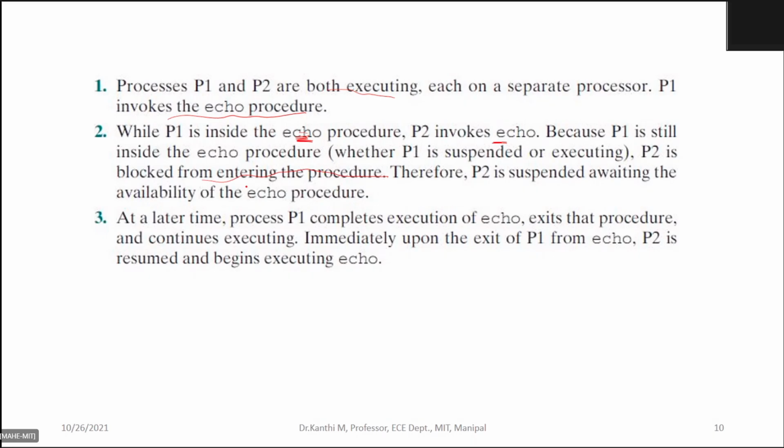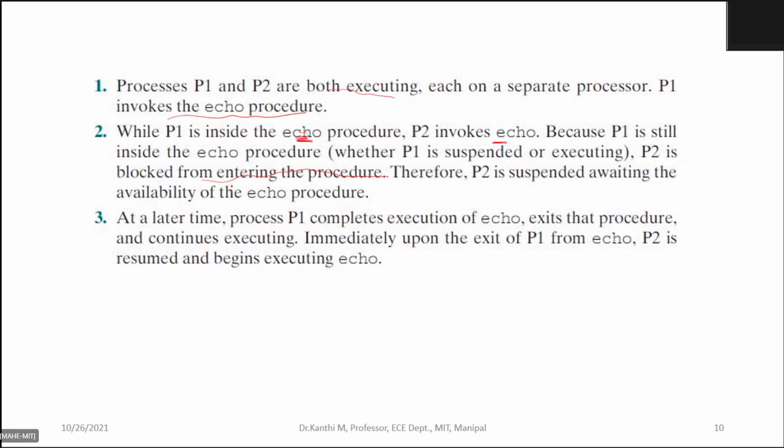This is what you can do. Whichever process entered into the shared one, you put an indication that, look, I'm using this right now, you cannot. So some sort of a message or indication or signal needs to be passed on to the other process, even though it is on a different processor, if they are sharing the common procedure.